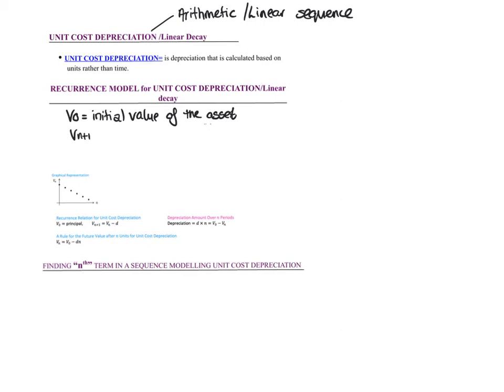So Vn plus 1 is actually the same. It'll be Vn minus D, but we're going to calculate the D in a different way. D will equal the cost per use, per unit of use. Okay, so if you had the photocopier, and it cost you 5 cents every time you use the photocopy machine, it'll decrease. So if you do 100 copies, $5 and so on.